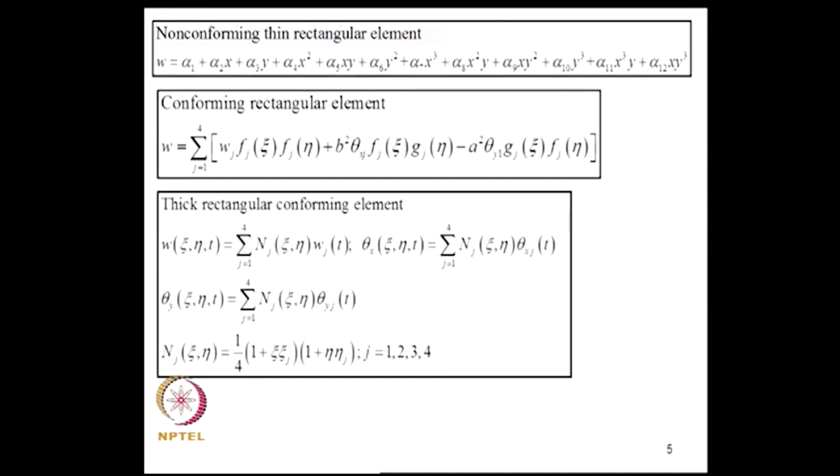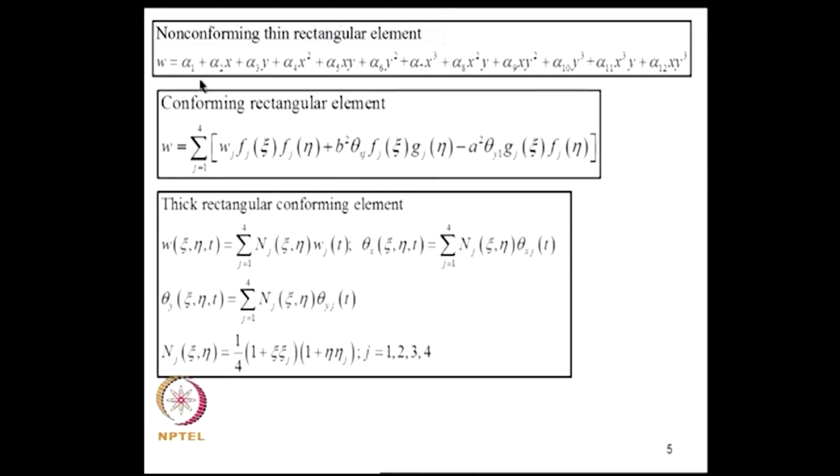So, we started with thin plates. We considered a rectangular thin plate, a 4 noded rectangular element, and at each node there are 3 degrees of freedom. Therefore, 12 generalized coordinates are needed in the representation of the field variable.